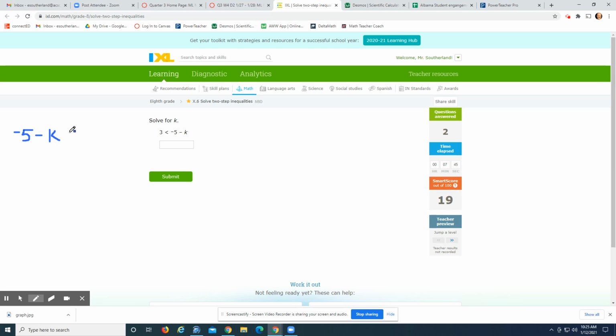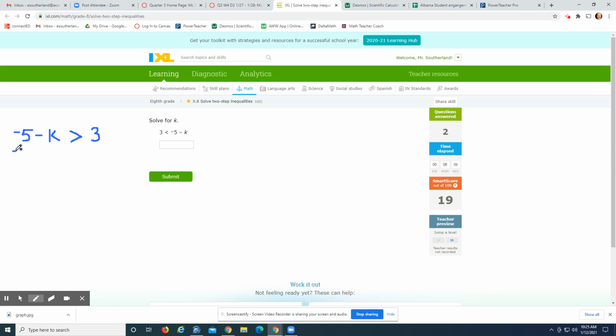And then I have to flip the sign because I switched the sides. So it changes from a less than sign to a greater than sign, and then 3. So I flipped the sign here, because I flipped the whole problem over. So I put negative 5 minus k on the left side.